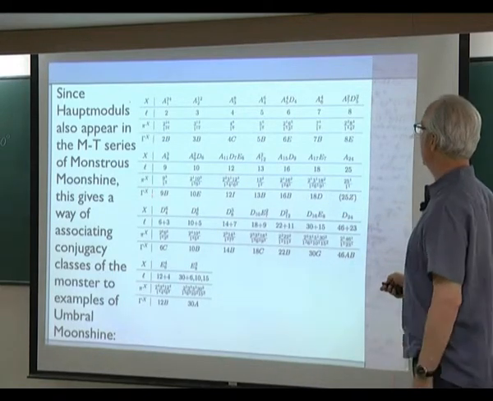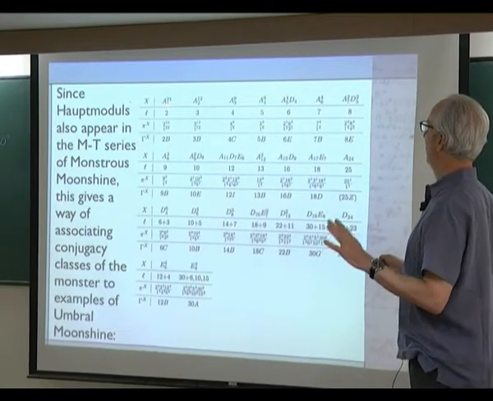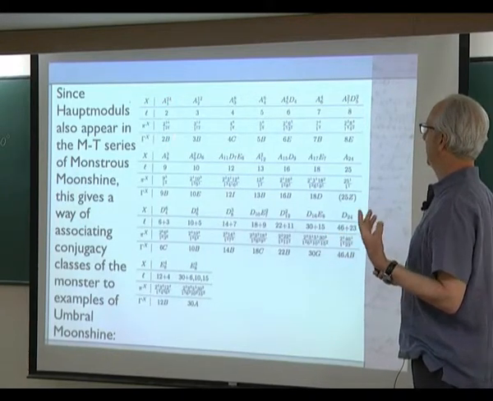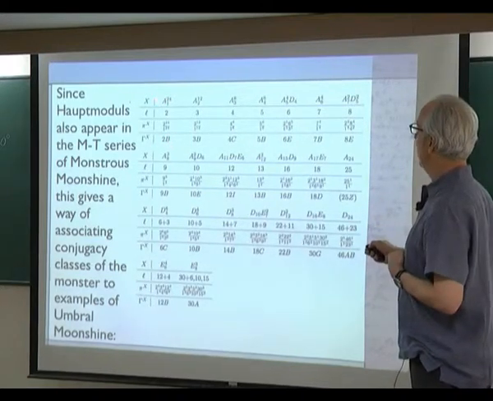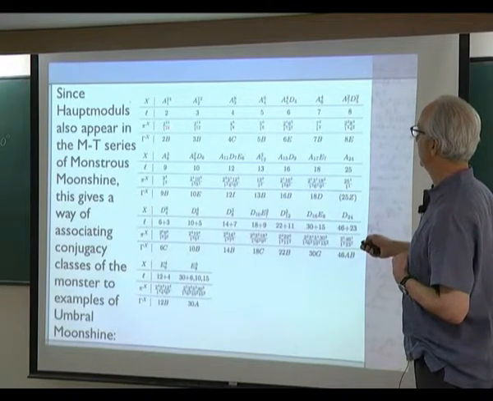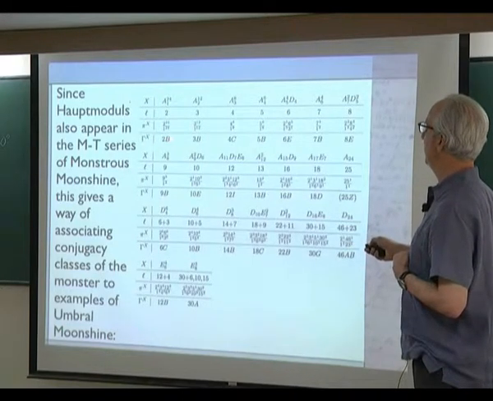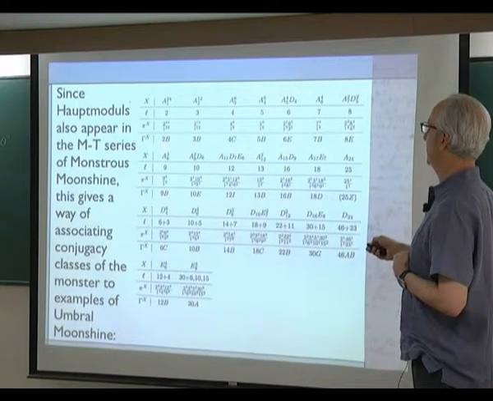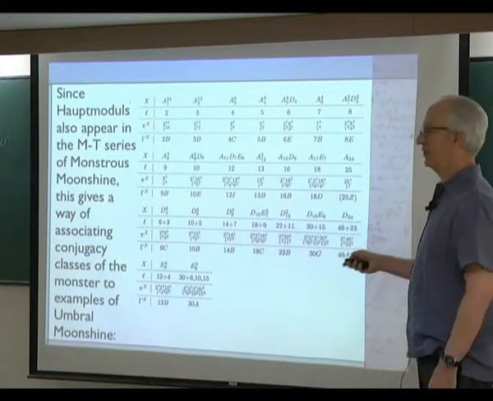So in many cases, you can label an example of Umbral Moonshine with a conjugacy class in the monster that gives rise to the same Haupt module. The A1 to the 24th case, which gives you this Haupt module involving a ratio of eta functions, can be associated with the 2B conjugacy class in the monster, in that when you twist J of tau by the 2B element, you get the same Haupt module as the one from this construction.